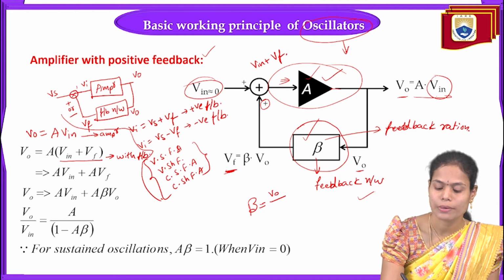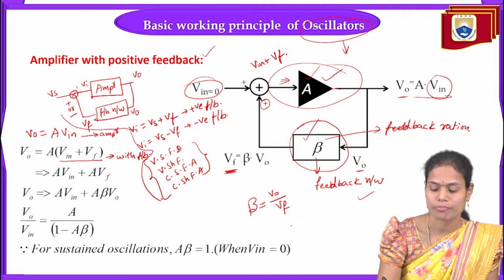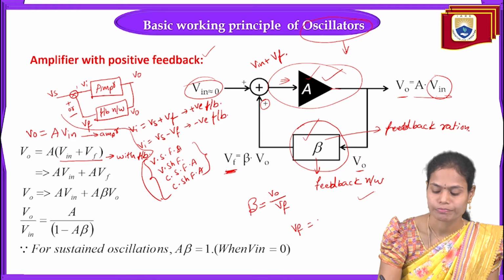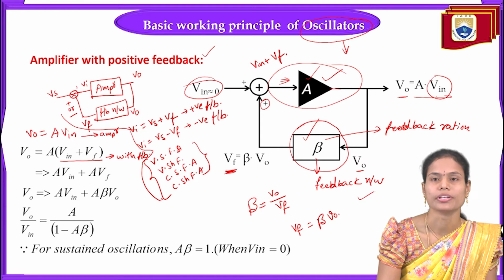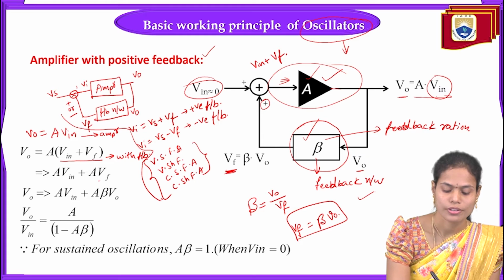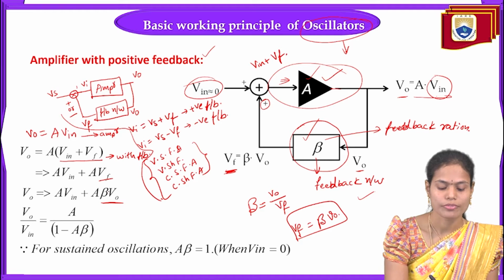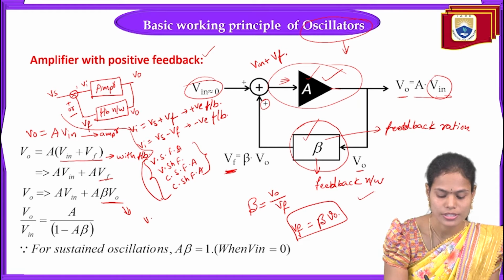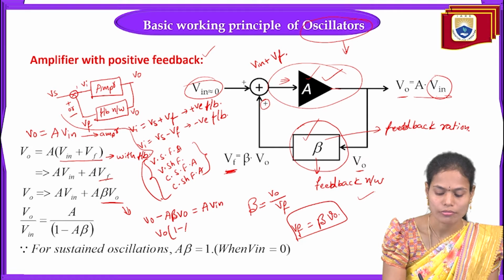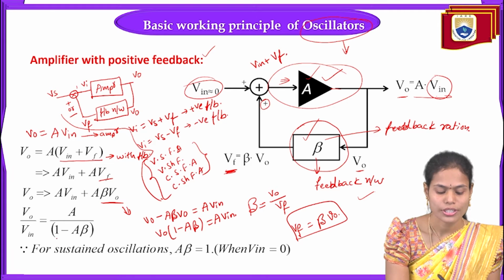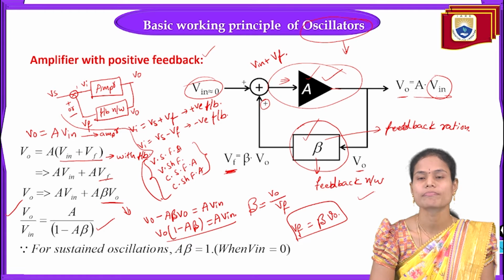From this we can calculate VF equal to beta times V0. Substituting beta V0 here and taking the V0 term to the left side, we get V0 minus A beta V0 is equal to A Vin. Taking V0 common, V0 times (1 minus A beta) equals A times Vin. So the ratio V0 by Vin is A by (1 minus A beta).